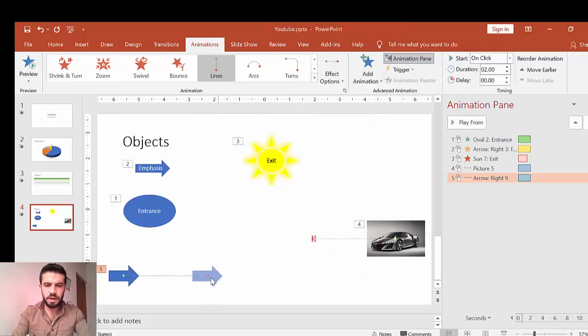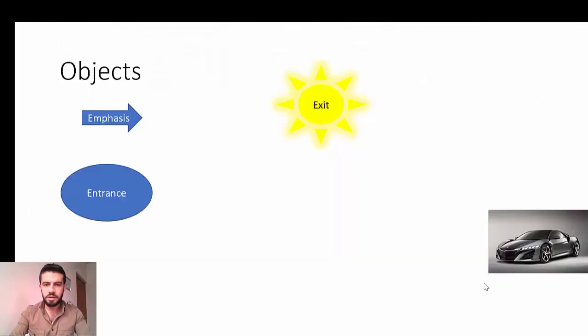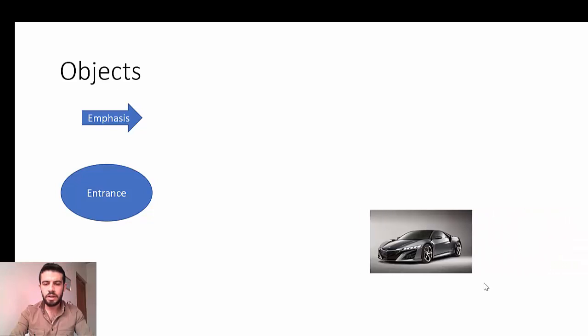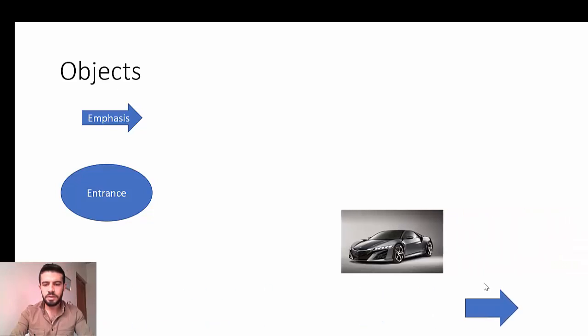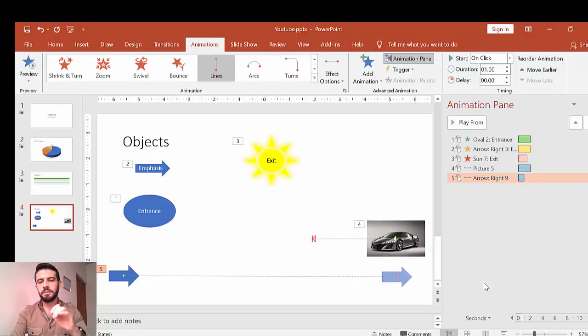So as you can see here, I can change that. I can edit it by myself, change the duration, for example, make it faster like this, and I can just play. So here, as you can see, the first one, the second one, the third one, the fourth one, and then the fifth. So you can make it something like this.